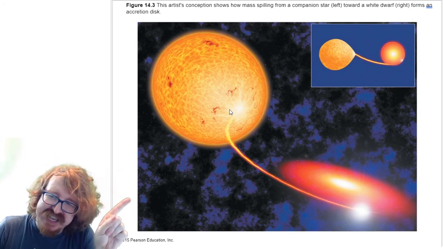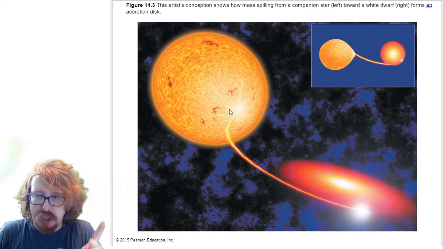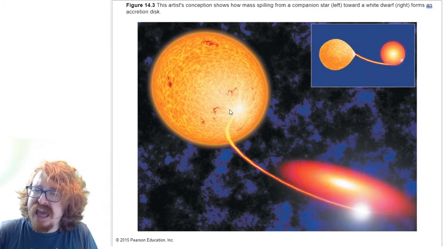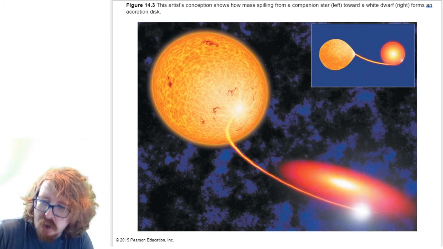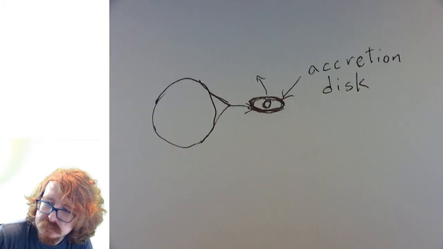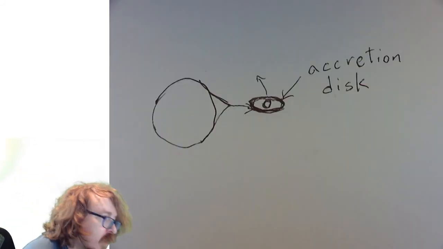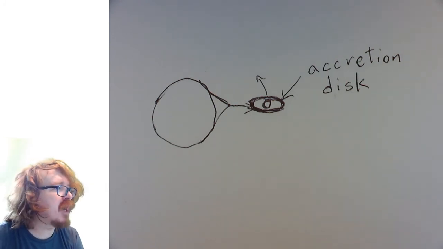So if that disk starts to fuse, that disk will explode. It will explode, okay? And what that's called is, there we go. It's called a nova.